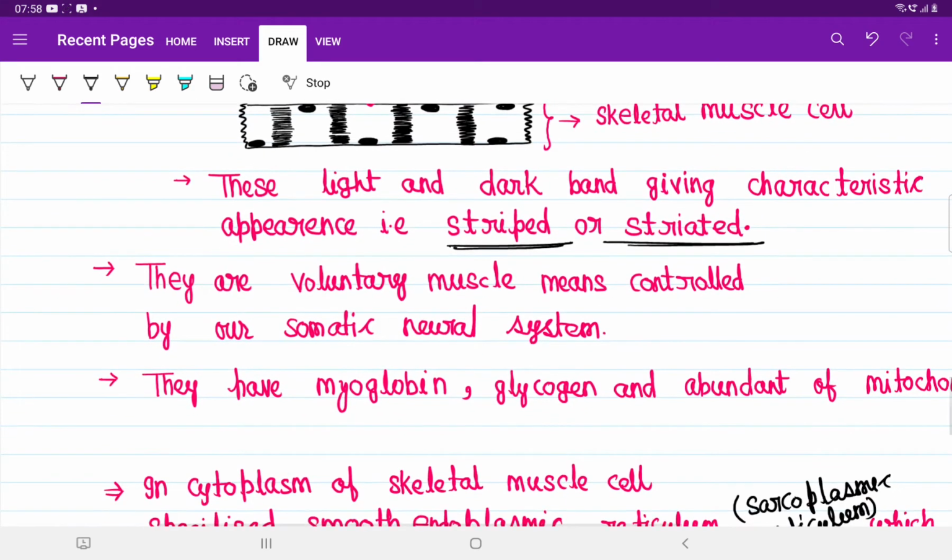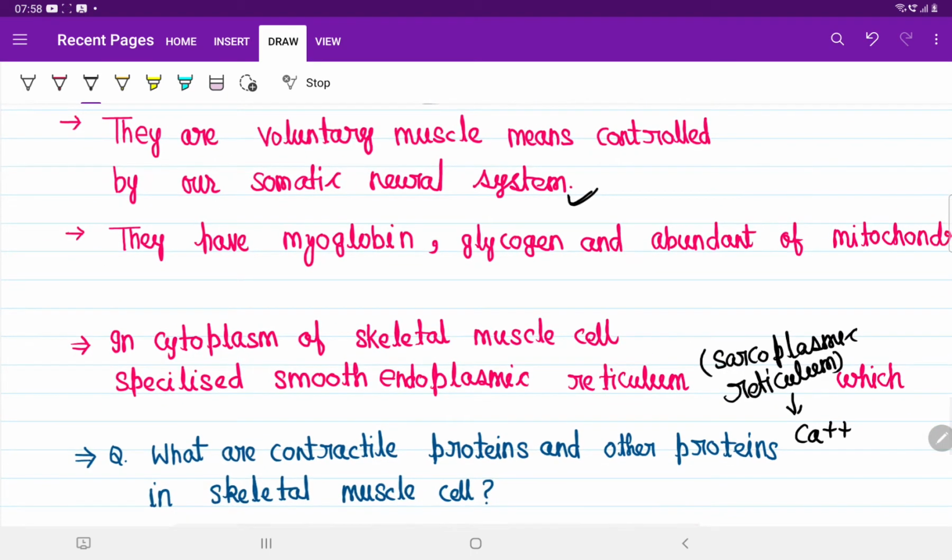Okay. Another thing is that our skeletal muscle cell is voluntary in nature, meaning it is controlled by our will. It is controlled by our somatic nervous system. Okay. Now the sarcoplasm of the skeletal muscle cell has myoglobin. This myoglobin stores oxygen. They have glycogen also.